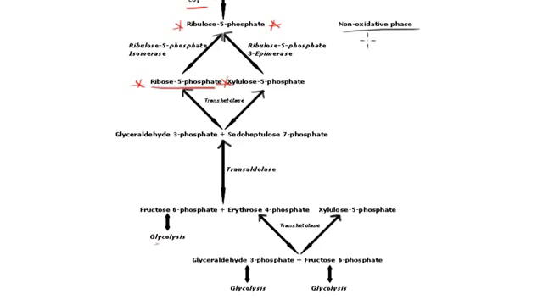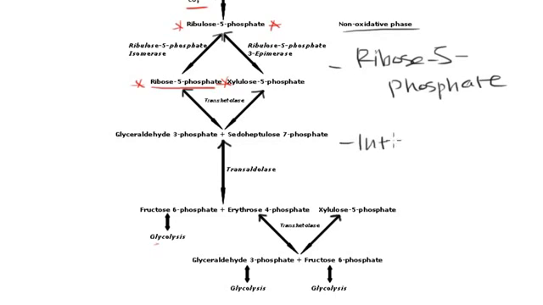Now, another key point of the non-oxidative phase, so we produce, of course, ribose 5-phosphate. Another key point here is that we're also able to interconvert various sugars. So interconvert sugars. And why is this important?